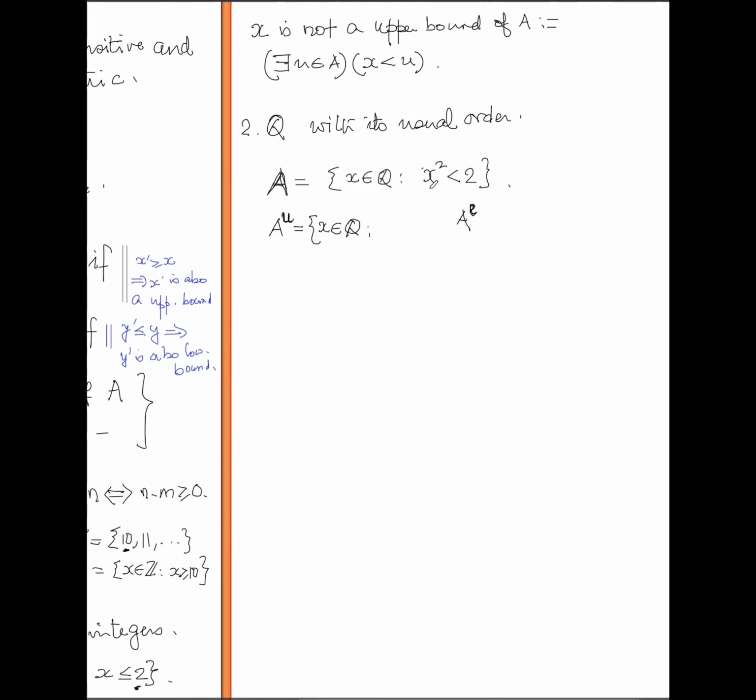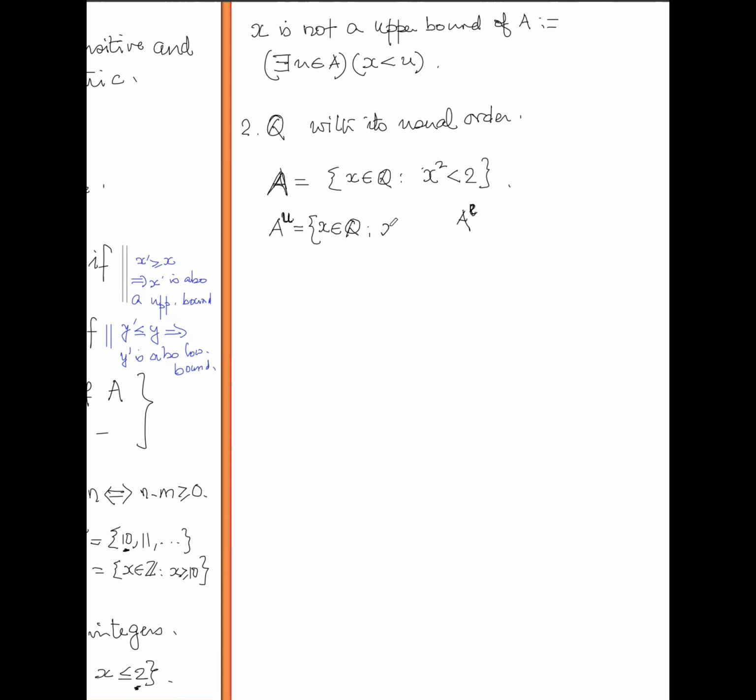If it is less than 2, it cannot be an upper bound. Sorry. What are the possibilities? x squared can be less than 2, or greater than 2, or equal to 2, right? In the order that we have chosen, less than 2 is already in A. So what should be here? Greater than or equal to 2?